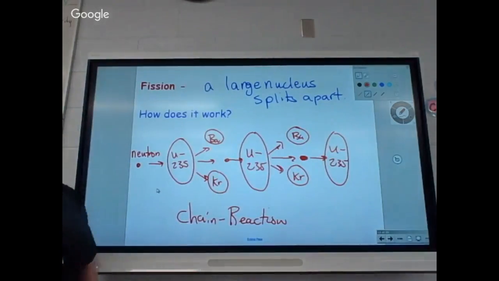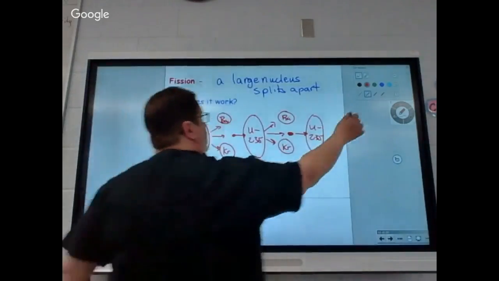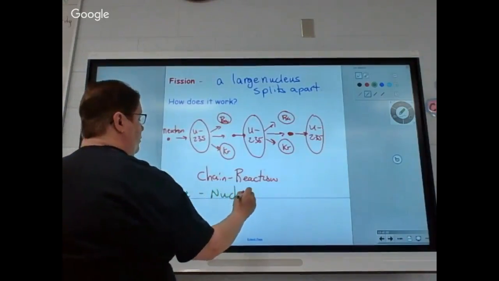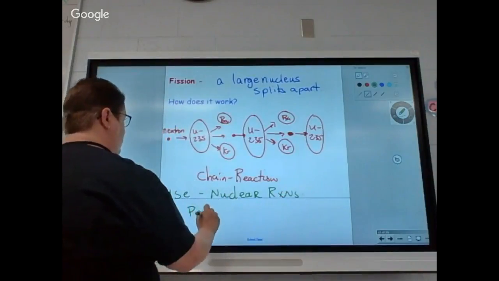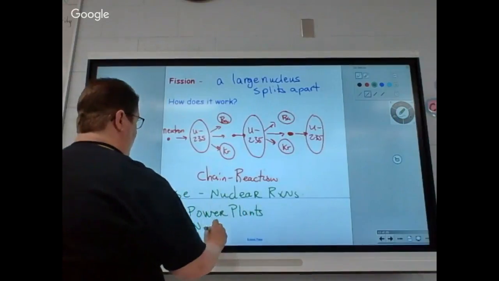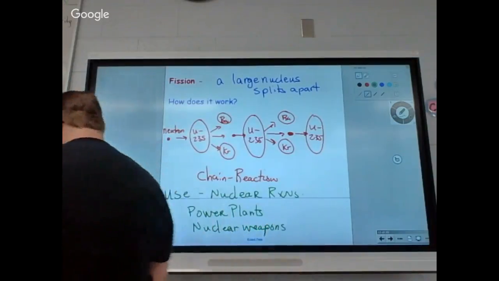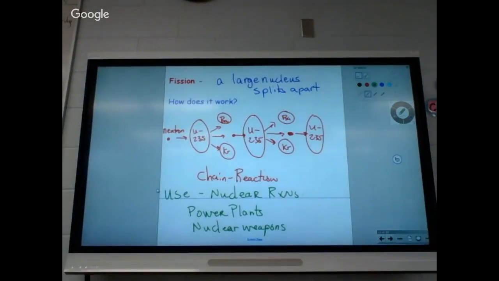Okay? Now, fission is what we use for nuclear reactions, such as power plants and nuclear weapons. We use fission for nuclear reactions, power plants and nuclear weapons are two examples.